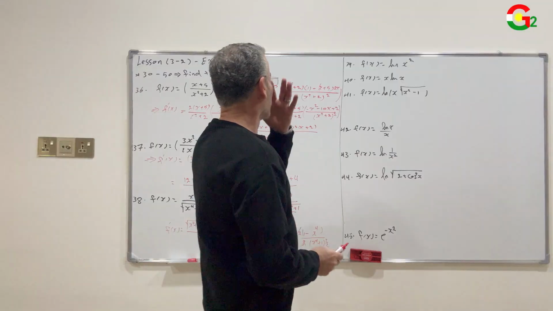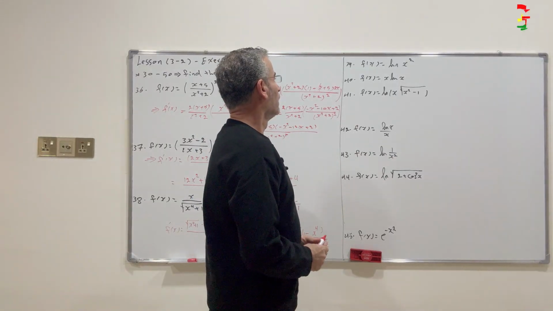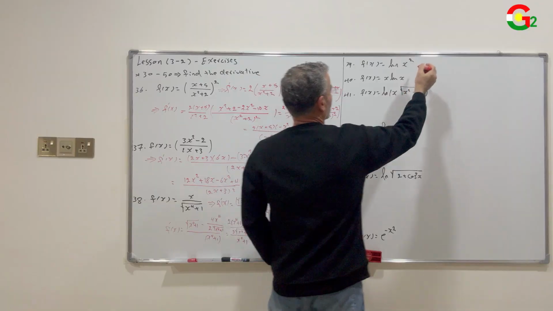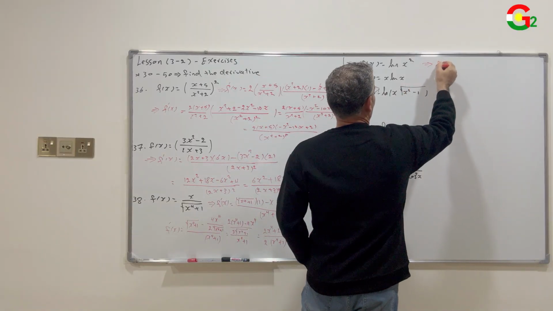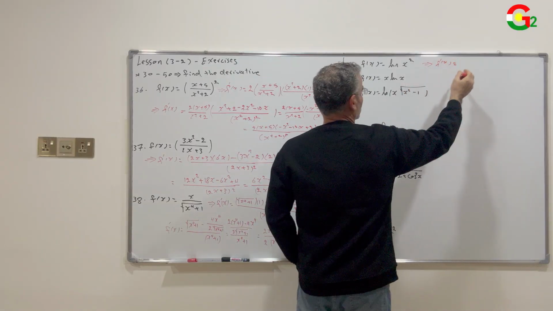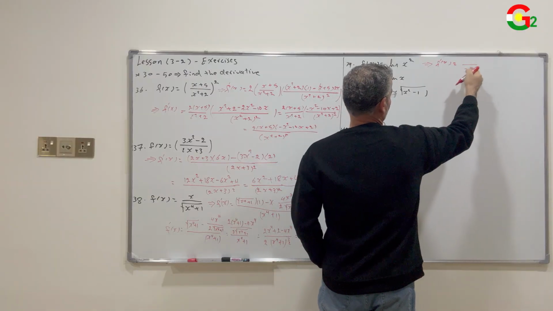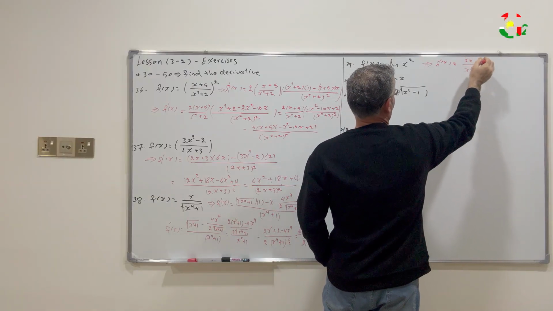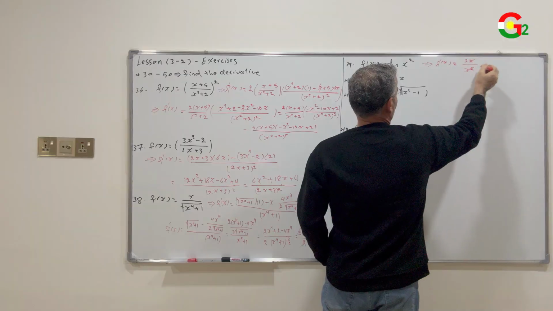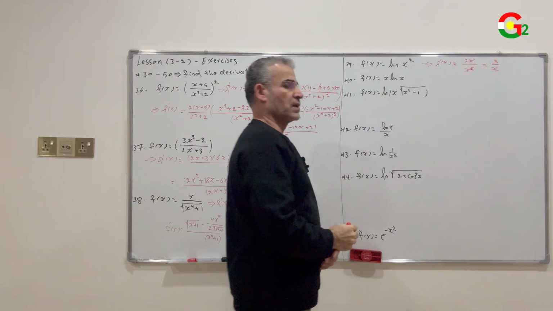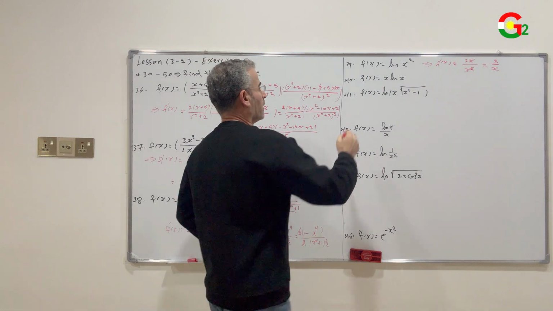Question number 39. Derivative of ln x power 2. It is f prime of x equal to x power 2 in the denominator and the derivative of the x power 2 in the numerator. Reduce x with x power 2. The final answer is 2 over x.